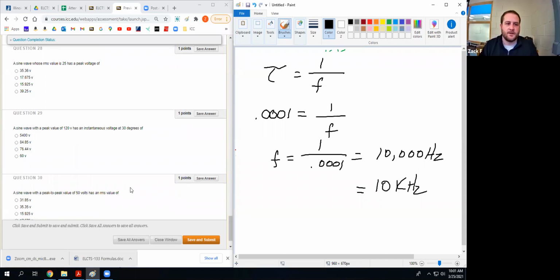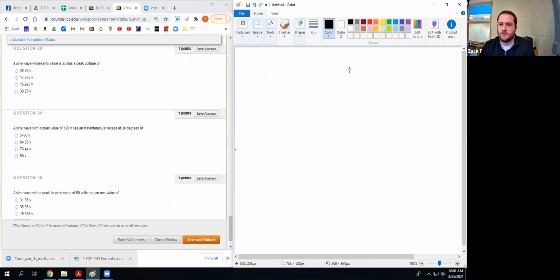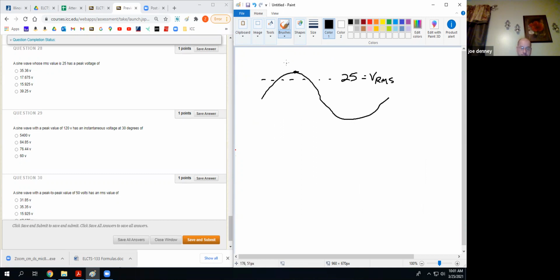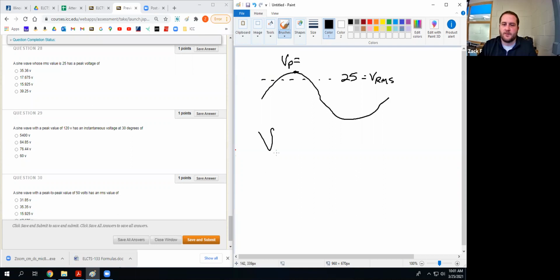A sine wave whose RMS value is 25 has a peak voltage of what? So we're given an RMS value of 25. We need to find the peak. Remember the formula that we wrote down?